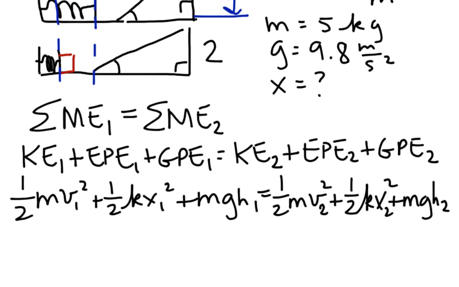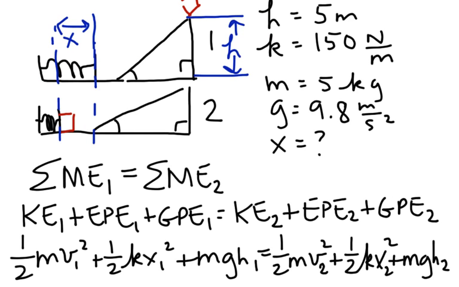Alright, now in case 1, the red block is at the top of the incline, before it's allowed to slide, so it has no velocity. So when I look at my first formula here, the 1/2 mv sub 1 squared, v sub 1 is 0. 0 times anything is 0.